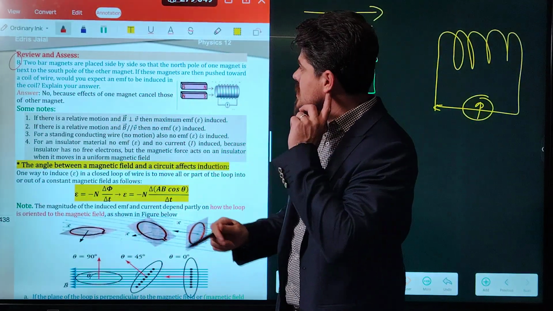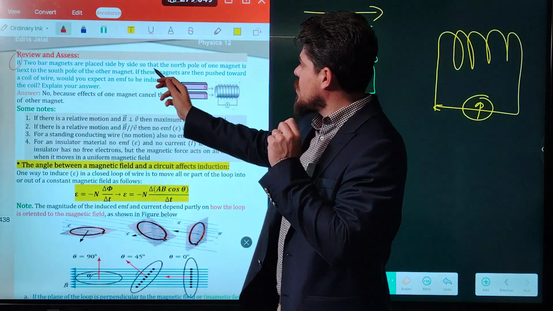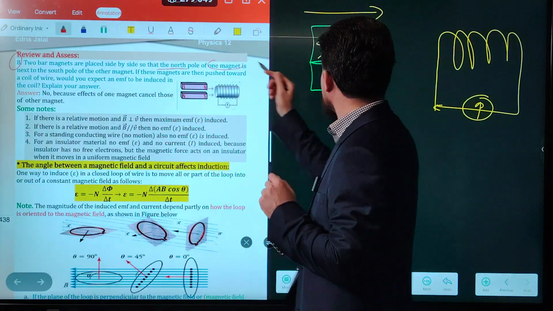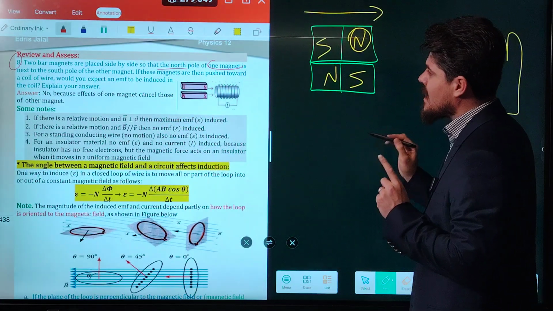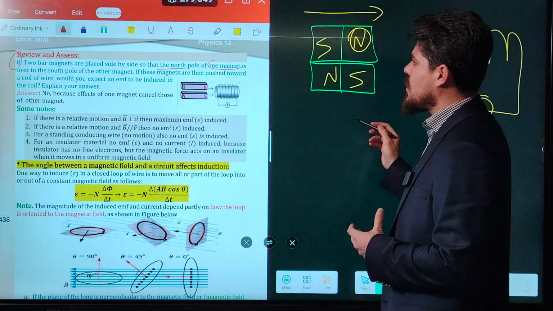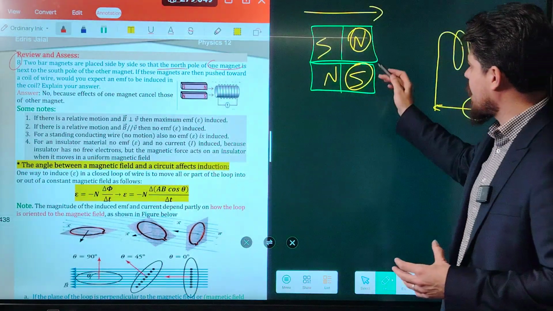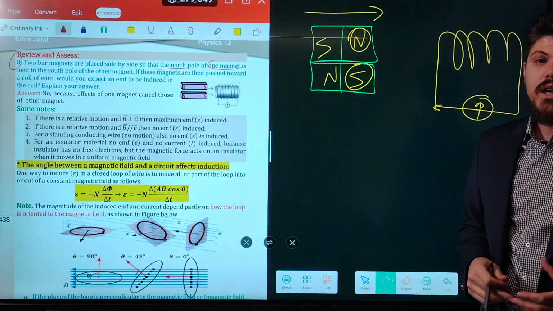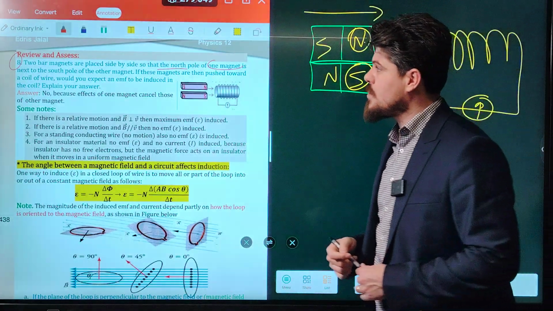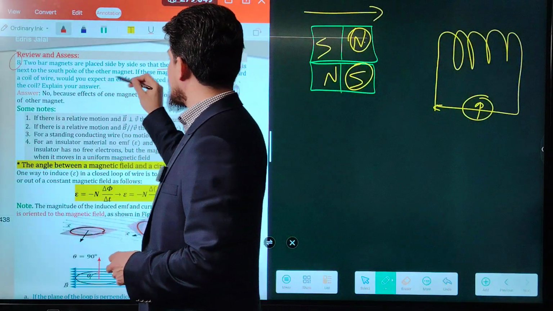The two bar magnets are placed side by side so that the north pole of one magnet is next to the south pole of the other magnet.